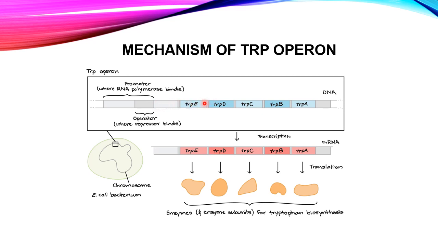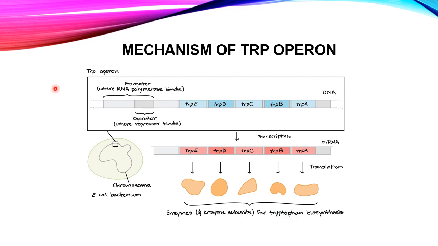So these structural genes are transcribed. The transcription results in the synthesis of an mRNA strand. The mRNA strand, on further translation, results in the synthesis of proteins. These proteins are nothing but the enzymes which are used for tryptophan biosynthesis.